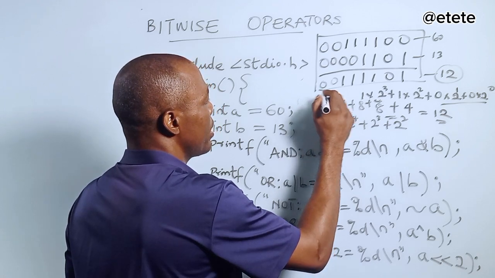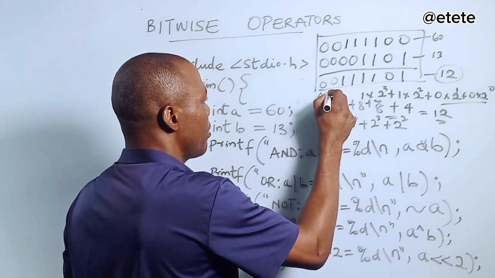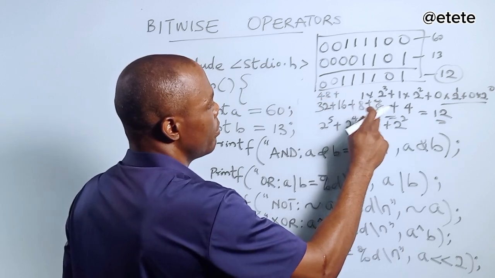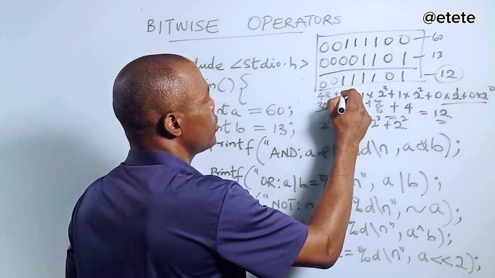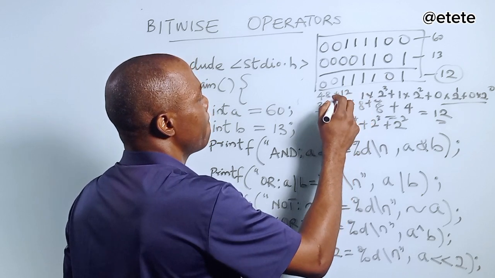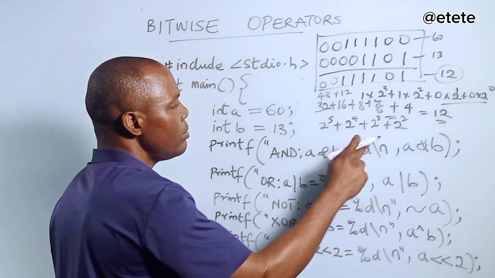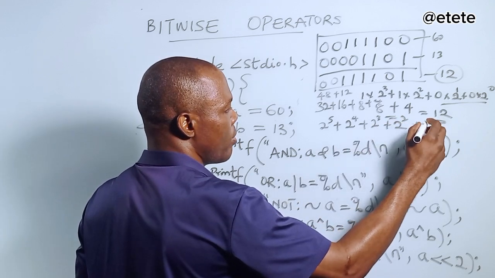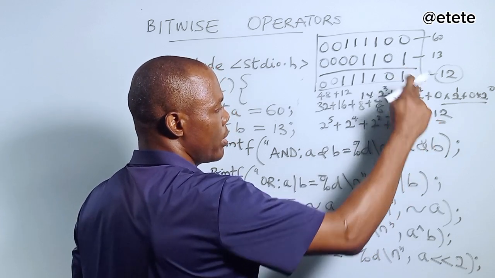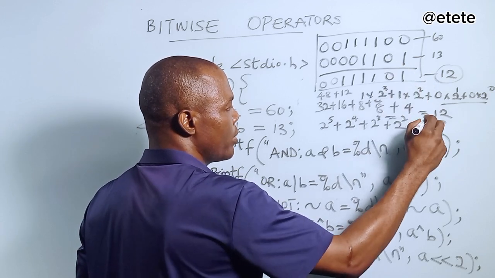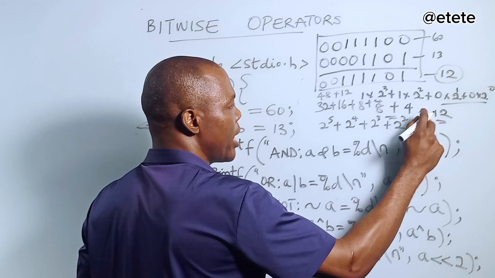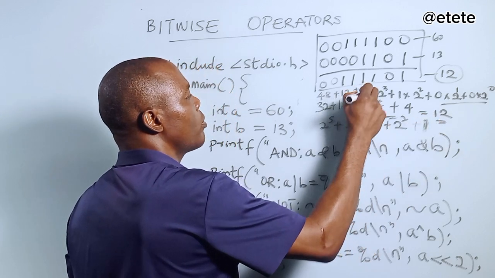So this is 4, 8 plus 12. There's another 1 here. This is 1. This will give us 2 raised to power 0, that is 1. So this one plus 1.